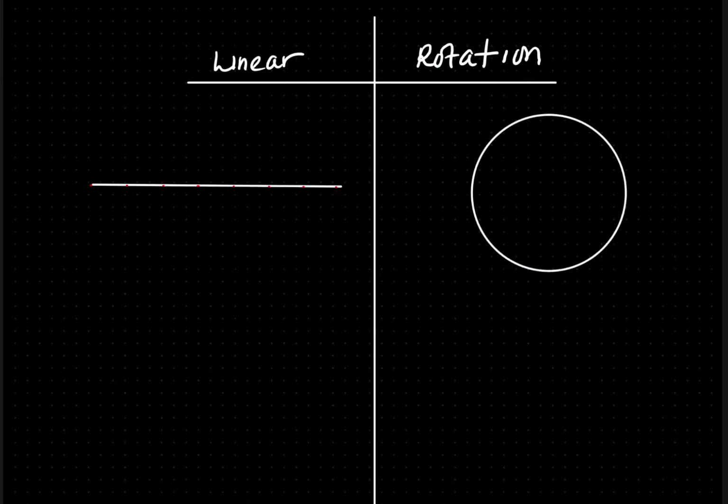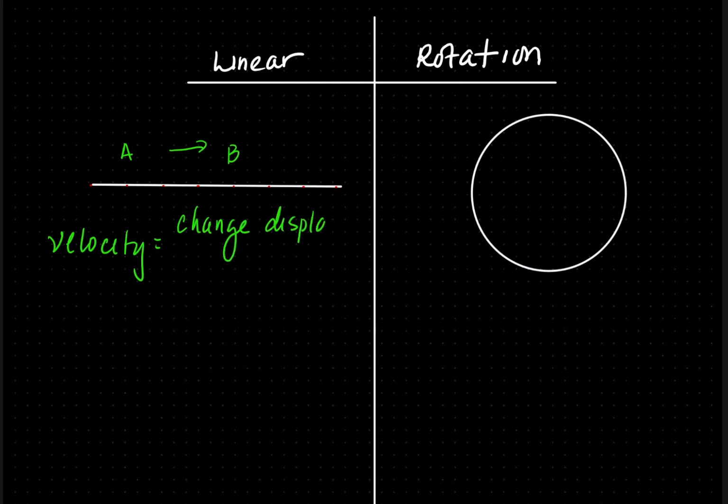In order for an object to go from point A to B, the object must have velocity. Velocity was defined as change in displacement over change in time.